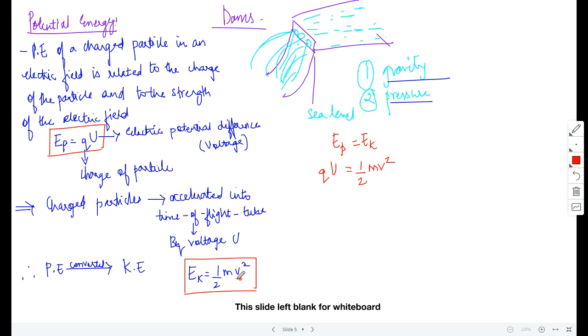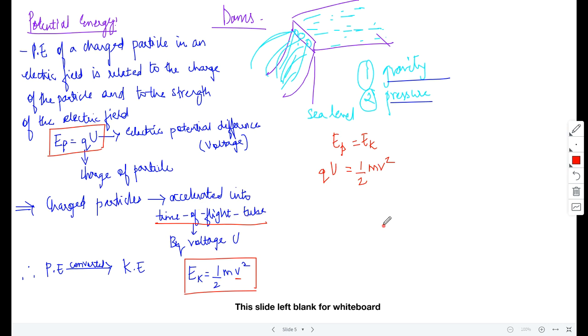This velocity of the charged particle after acceleration, when they are moving, will not change because it is moving in the time of flight tube. I have mentioned here, charged particles are accelerated into the time of flight tube, and therefore it is not going to change. We have two kinds of velocity, initial velocity and final velocity. So this is not going to change.